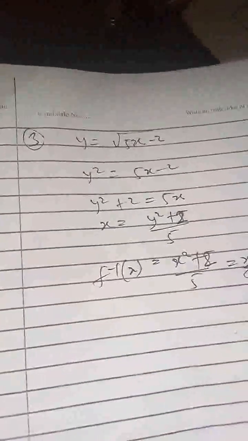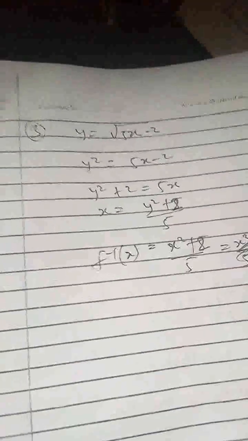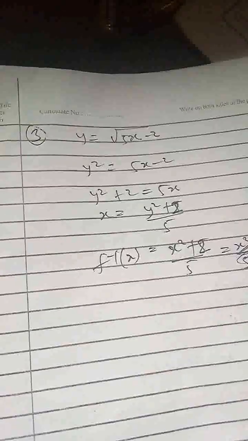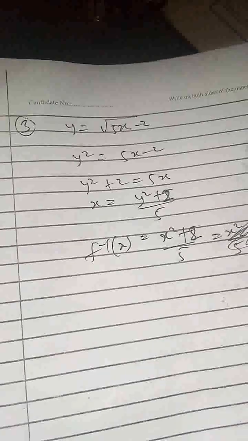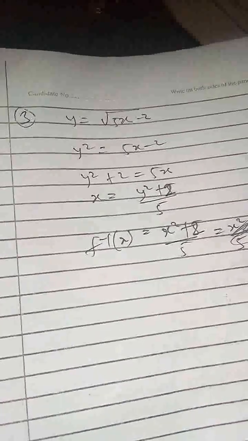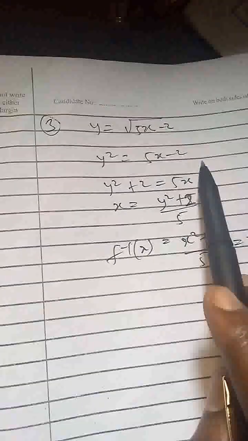Okay, solving example number 3, we have f of x. I've changed it to y equals the square root of 5x minus 2. So for you to solve for x in that square root, you have to remove that square root by squaring both sides. If you square both sides, you are going to get y squared here, and the root here will go off. So you get 5x minus 2.